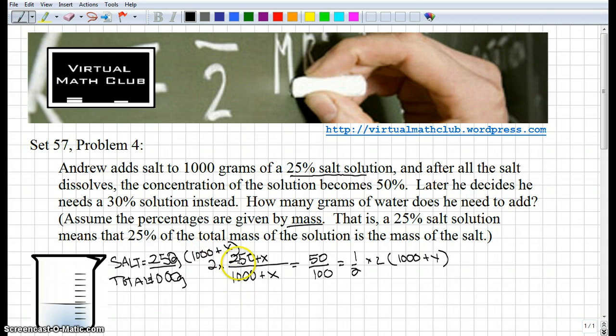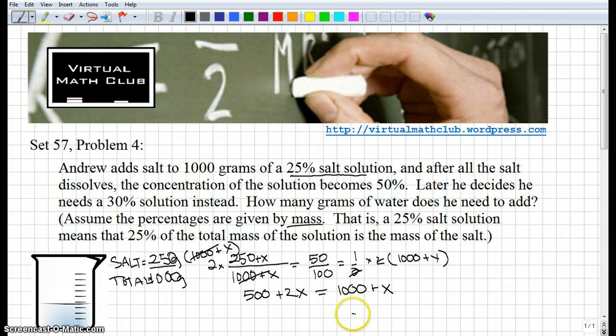And so then we get rid of the denominators. It's the same thing as cross multiplying. So what we end up with is 500 plus 2x, because I'm just multiplying 2 times the 250 plus x, and that is equal to 1,000 plus x.